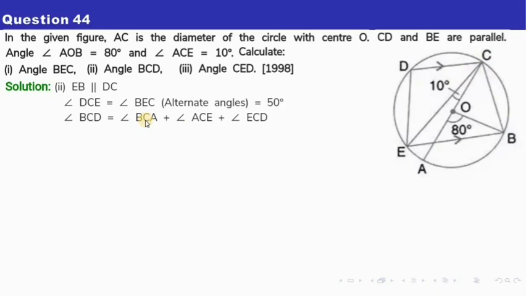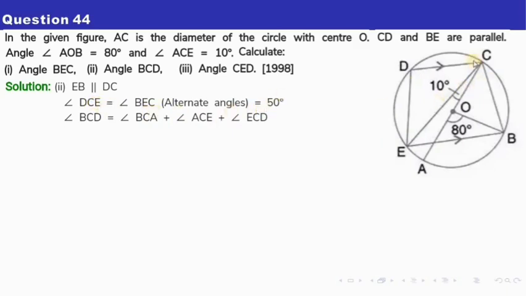All right, now let us see what is BCA. So BCA means this angle, right? So this angle turned out to be, in the earlier question we saw that this was equal to 40 degree, right? So ACE is how much? It is given to be 10, right? And ECD, just now we found that ECD will be equal to how much?